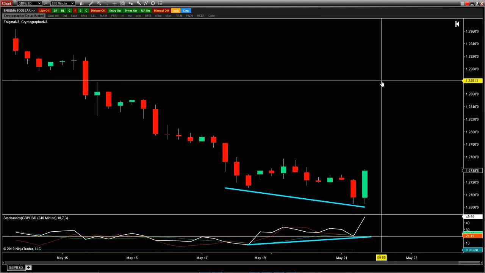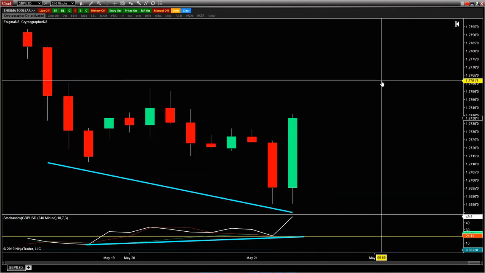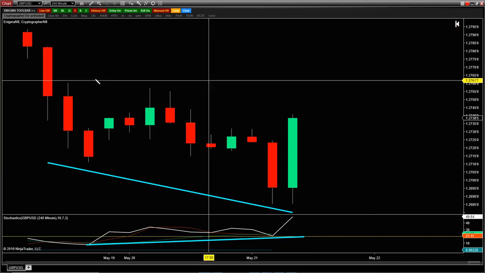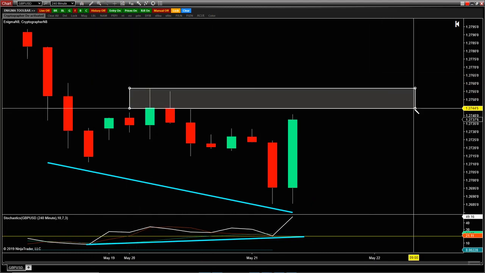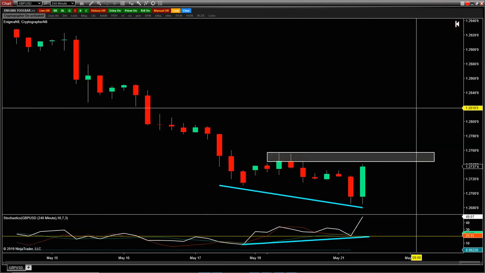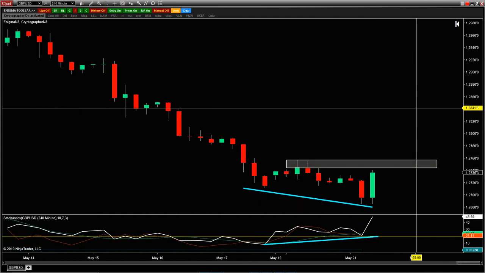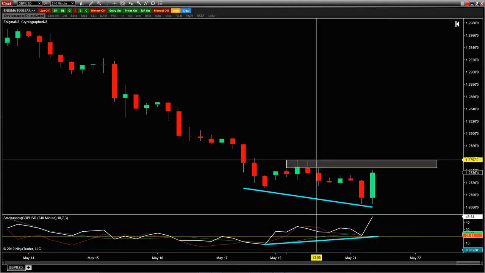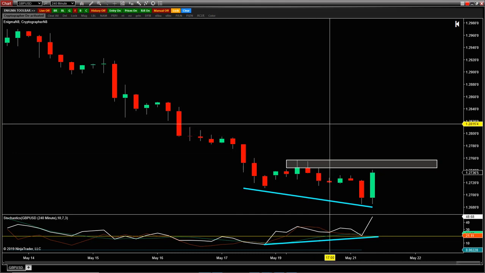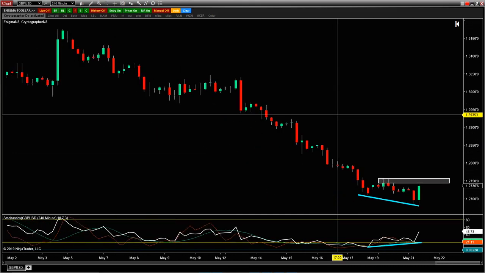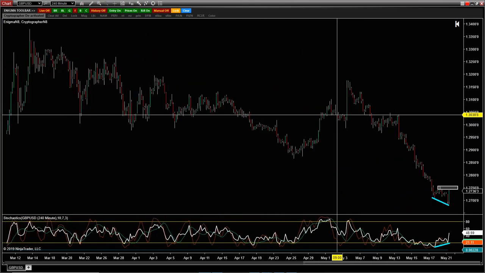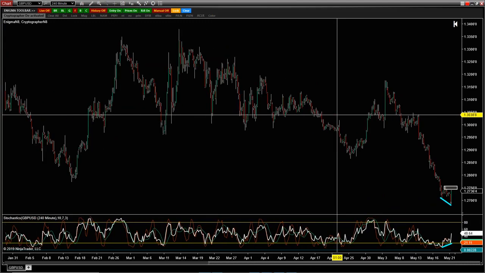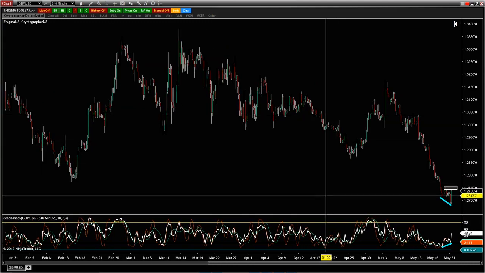Anyway, pound dollar here. Engulfing candle. A key level that we want to pay attention to is this zone right here. If we can get above this level, I don't have another smaller one. We're going to have a minor zone at 128, but if we can get above 127.50s, I can see us going to 128.